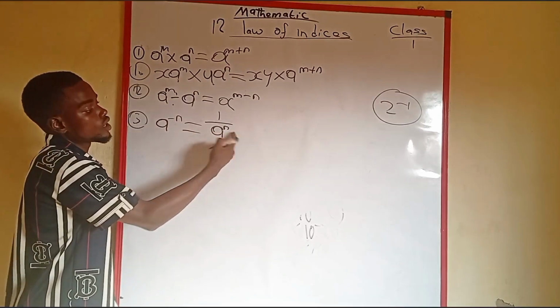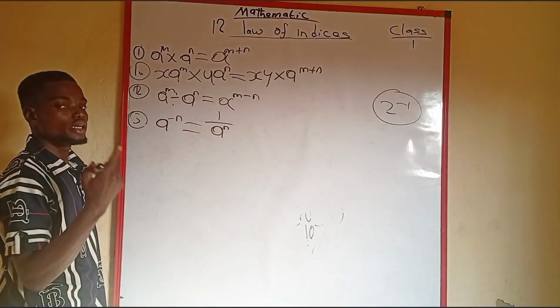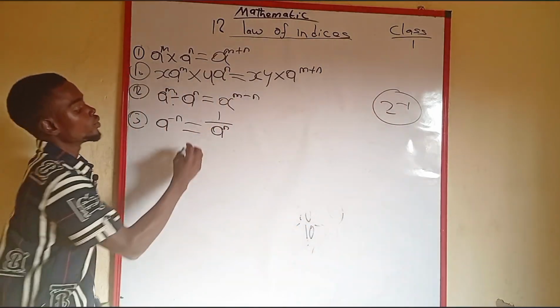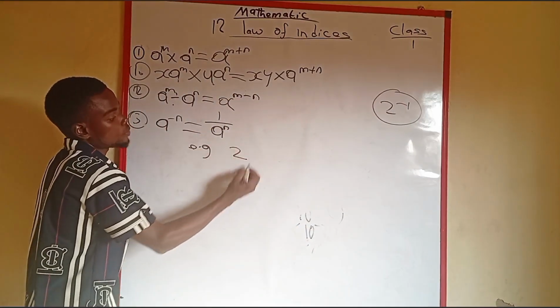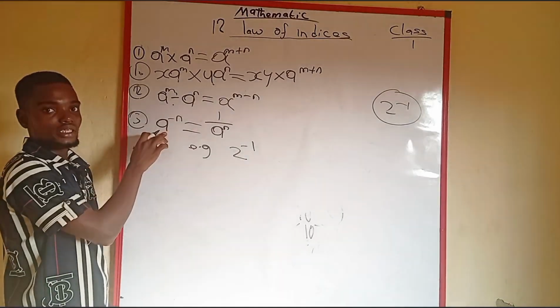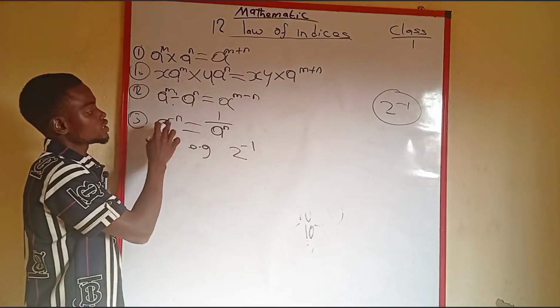Now the n will come closer to the a. We are going to use 2 to the power negative 1 as our example. 2 is representing the base, and negative 1 is representing negative n.